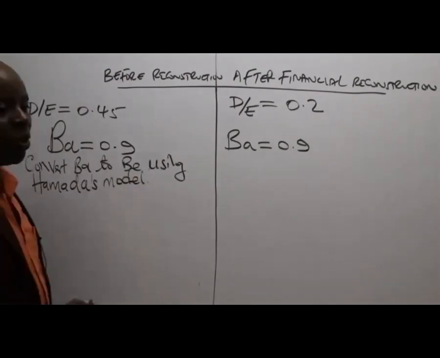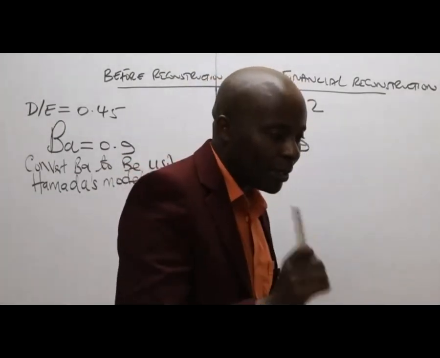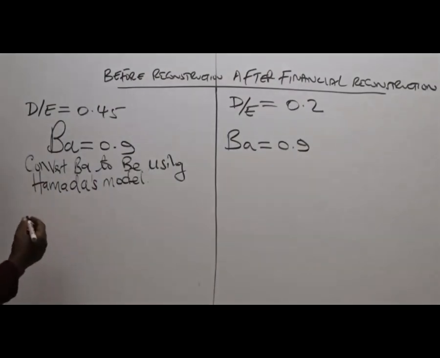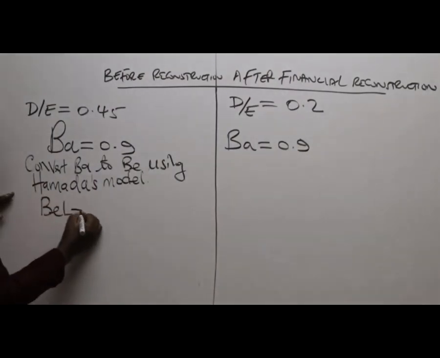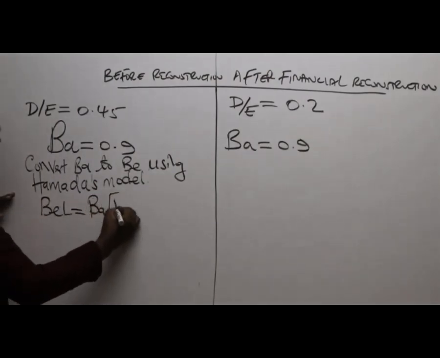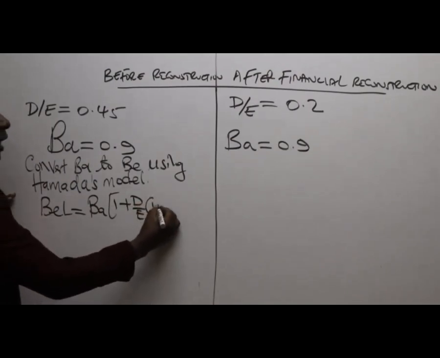Now, what I do not know is whether we have a student here who knows how to write down Hamada's. We have quite many methods of writing this Hamada's model, but the best is for you to remember that our beta equity of a levered firm will be equal to beta assets into 1 plus debt to equity ratio adjusted for tax.